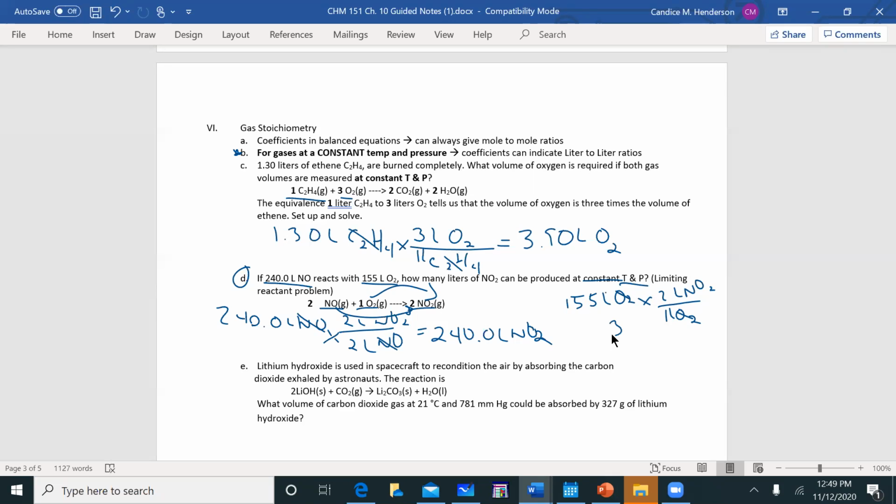So we get 310 liters of the NO2. So it's a limiting reactant problem. We're only as good as our least amount, right? I don't have enough of this NO to produce that full 310. So my theoretical yield, or my theoretical volume here, is going to be the 240, and my limiting reactant is the NO. This would be our limiting reactant.